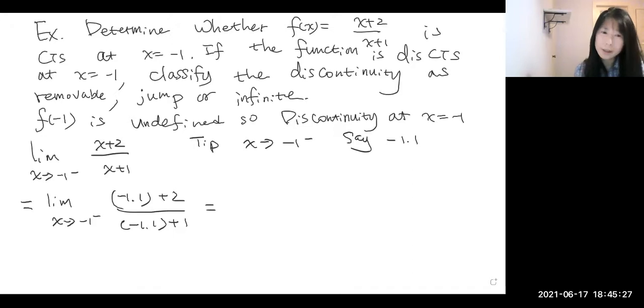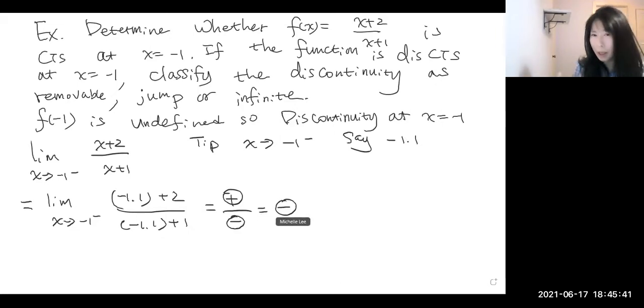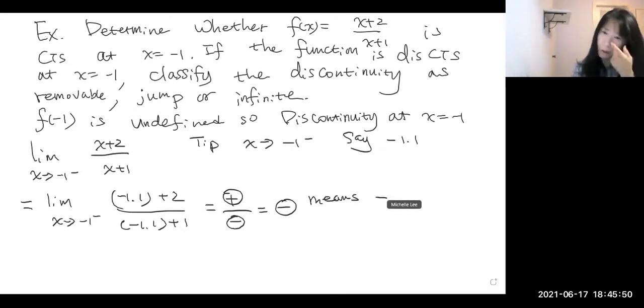Yes, it's positive. How about the denominator? It's negative. So positive over negative is negative. Negative means the behavior of the asymptote goes to negative infinity. So this one goes to negative infinity.